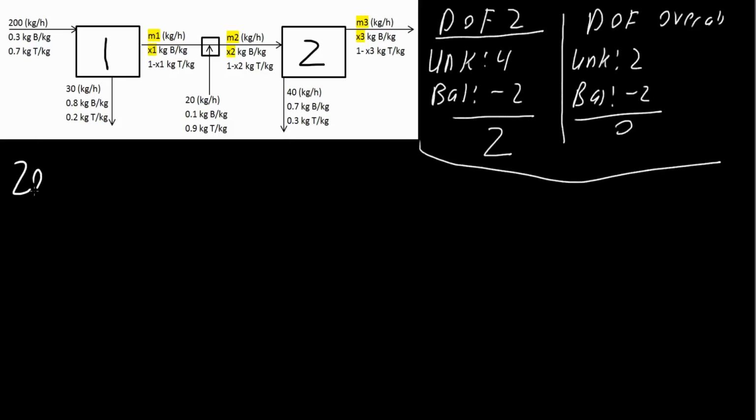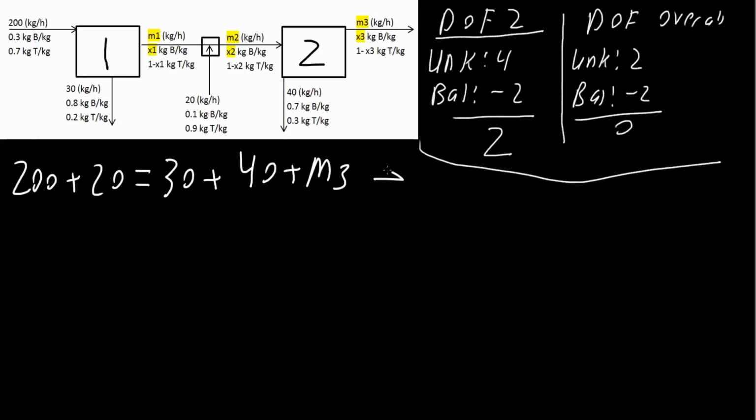So 200 plus 20, what's going in, is equal to what is going out: 30 going out plus 40 going out plus M3. By doing this, we get M3 equal to 150 kilograms per hour.